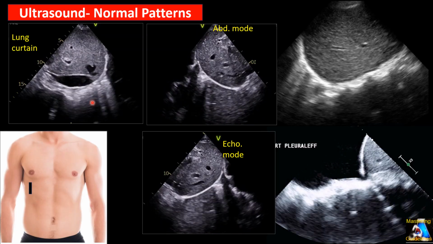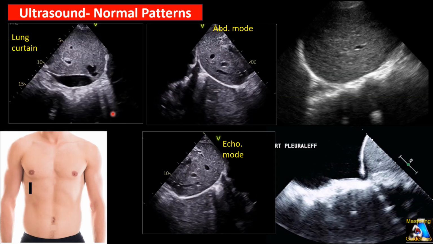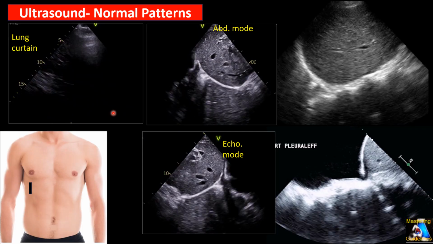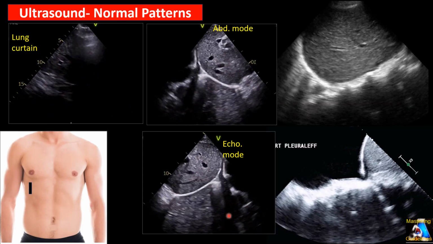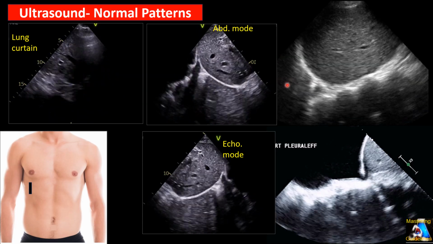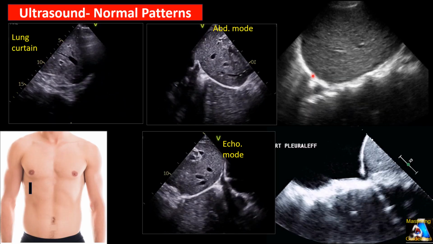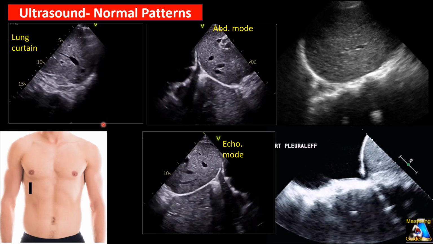Above the diaphragm, as I mentioned, we have just air. Those alveoli just have air, and we don't expect to see anything above the diaphragm except dirty shadow, like this, or at most sometimes we see B lines. In this case, you can see B lines here.